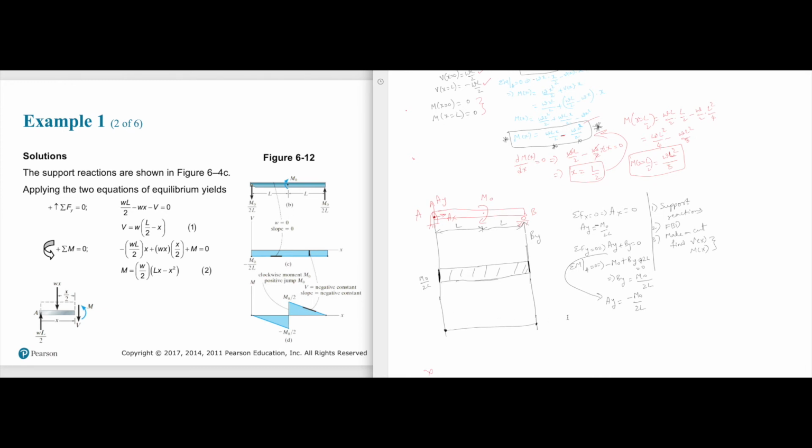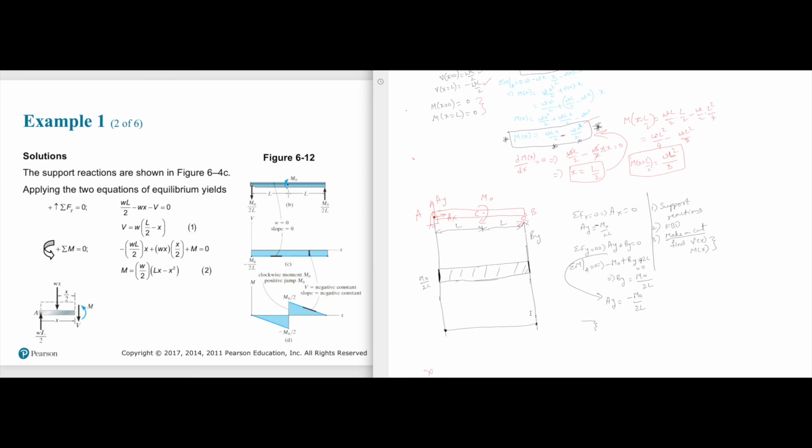So how should we draw it here? We have to make a cut somewhere between A and C, this is C. What do you get? At A you have Ay. By the way, let me draw it in the correct sense.